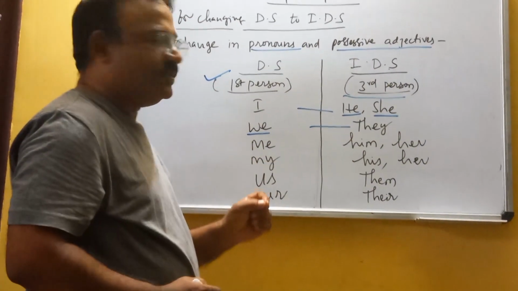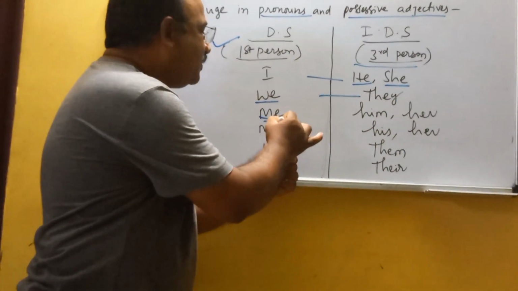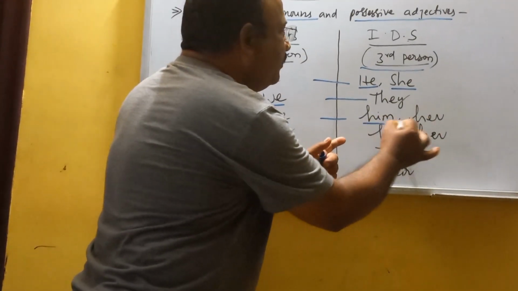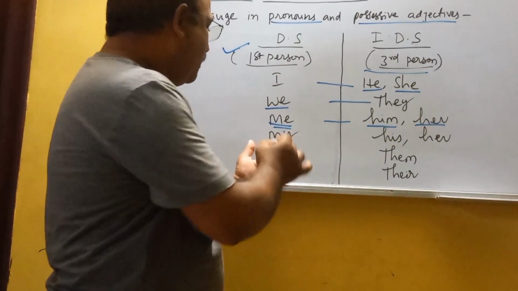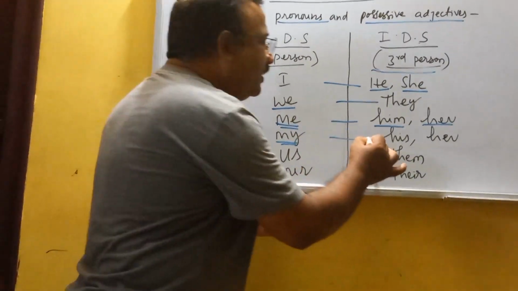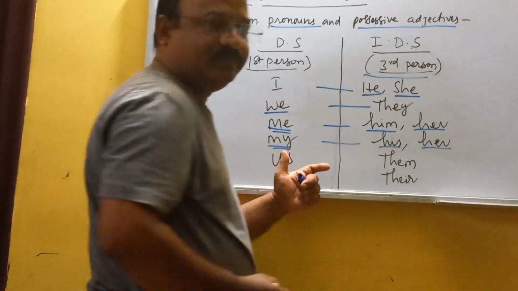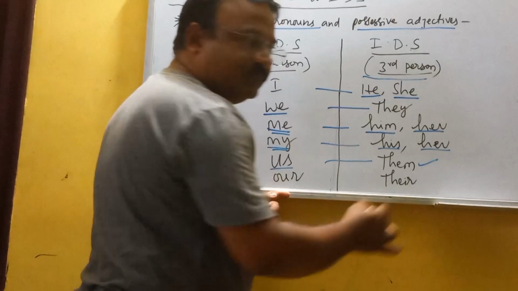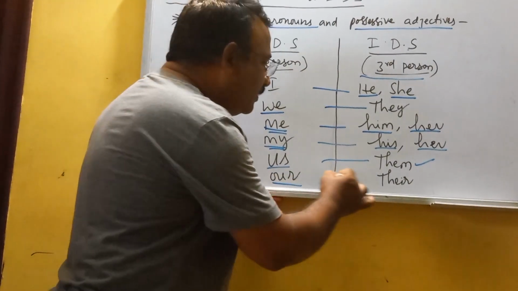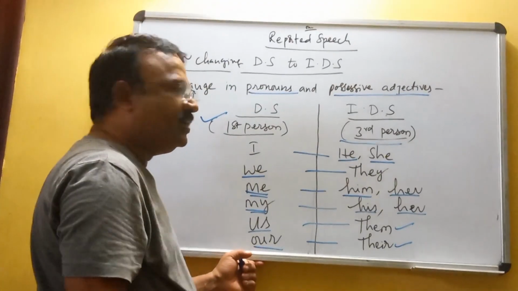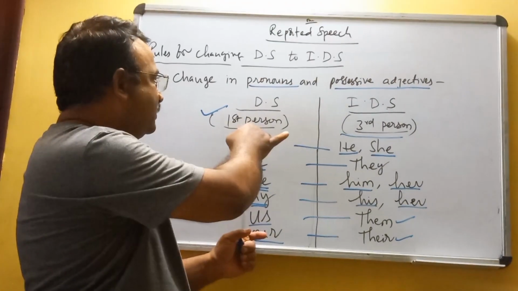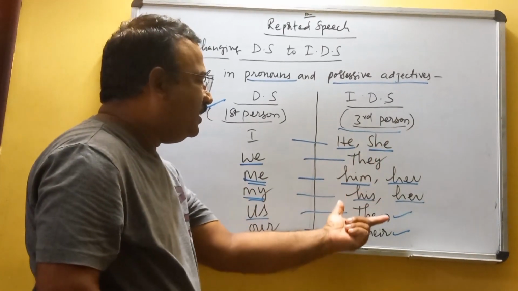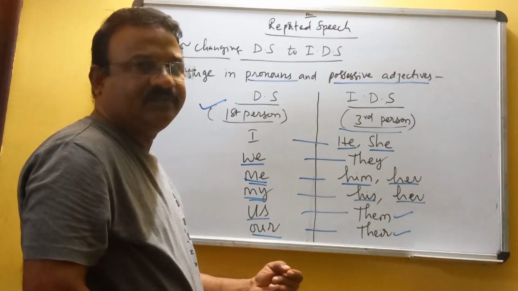Me will become him or her. My will become his or her. Us will become them. Our will become their. These first person pronouns will become third person in the indirect speech.